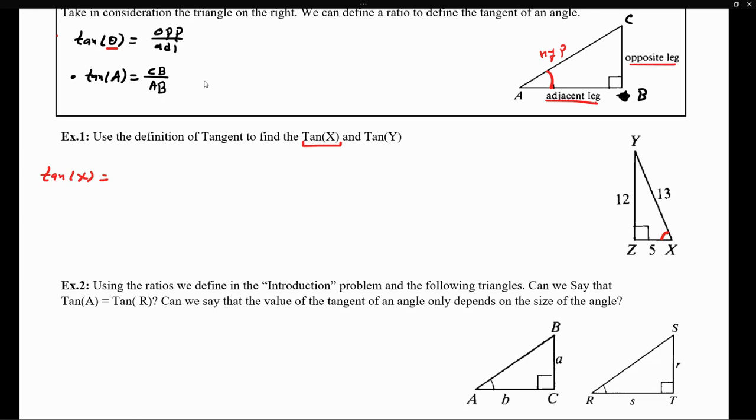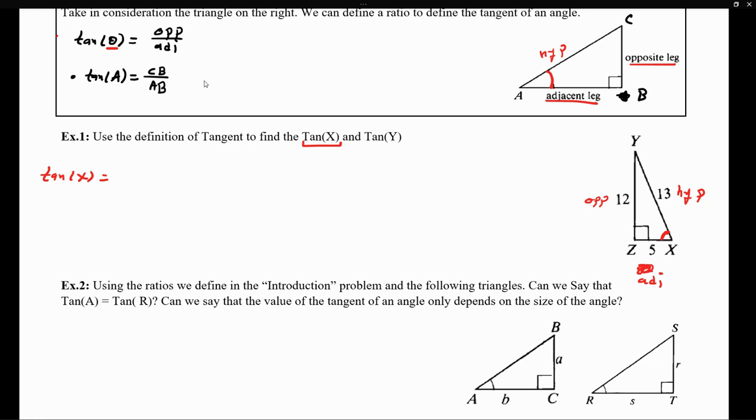Now we need to label the triangle, taking into consideration angle x as my reference angle. If x is my reference angle, then the side that is 12, YZ, is the opposite, the side opposite to x.